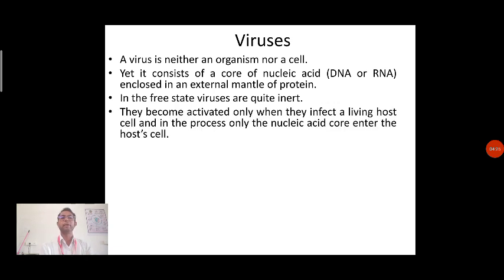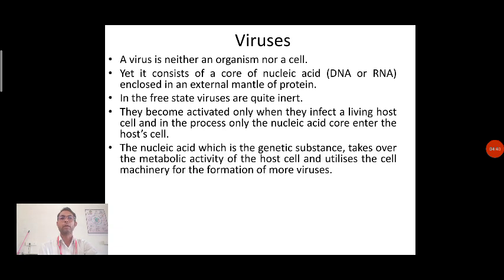They become activated only when they infect the living host cell, and in the process only the nucleic acid core enters the host cell, and it will start to multiply and produce a large number of viruses. The nucleic acid, which is the genetic substance, takes over the metabolic activity of the host cell and utilizes the cell machinery for the formation of more viruses.